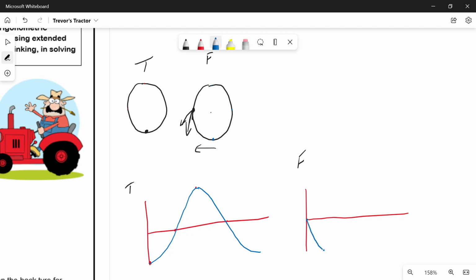So that looks more like that kind of shape. And these are the key points for Fred. And these are the key points for Trevor. Okay, so these are the two graphs that we've got.